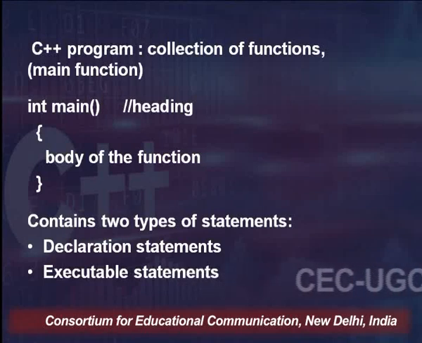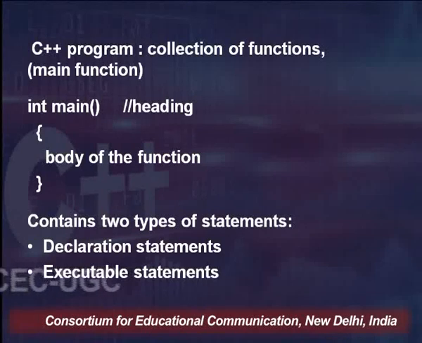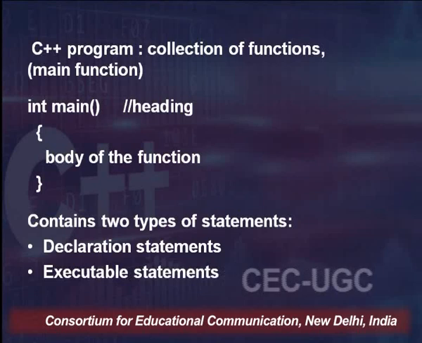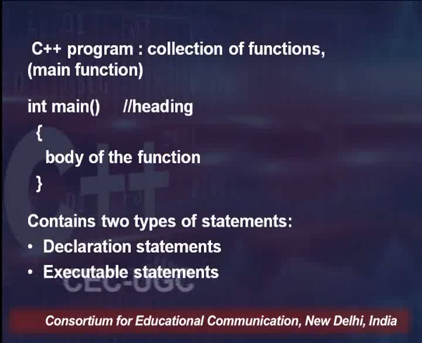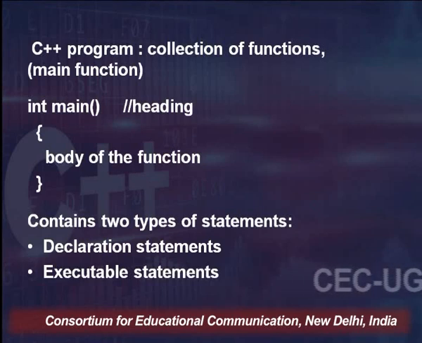As I have already told you, this is the point from where execution starts. So we have used int main, which is the heading of the main function. Then the body of the function is enclosed between the opening and closing curly brackets.